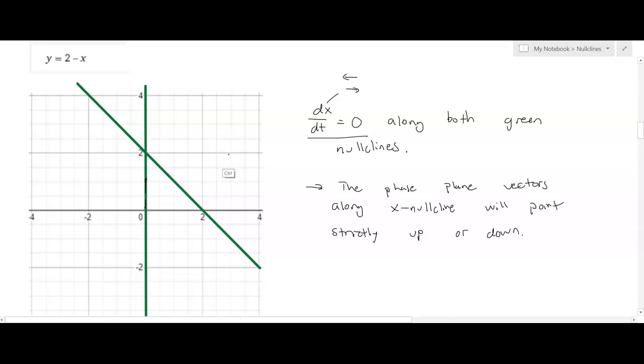Okay, so next what we want to do is within each of these regions, because along these green lines, that's where dx dt is 0, the only way, if you remember from Calc 1, for a derivative to change signs is to pass through a critical point. So you can think about these green lines as representing critical points.